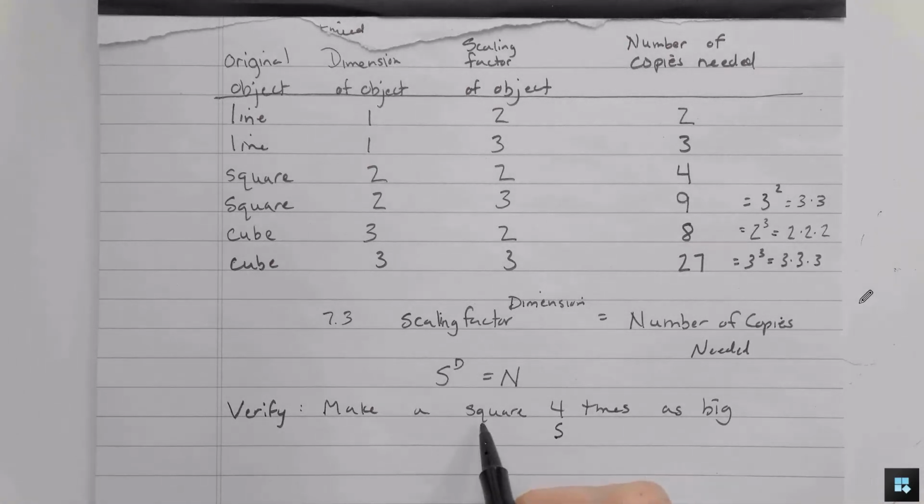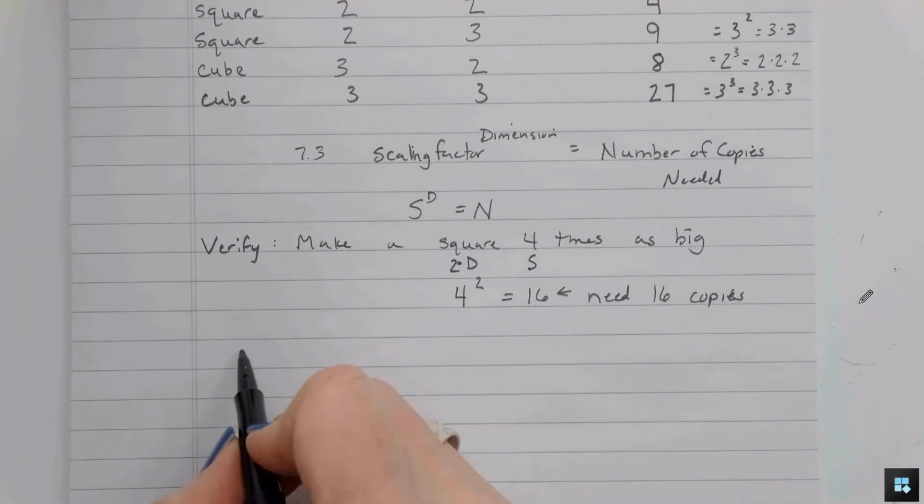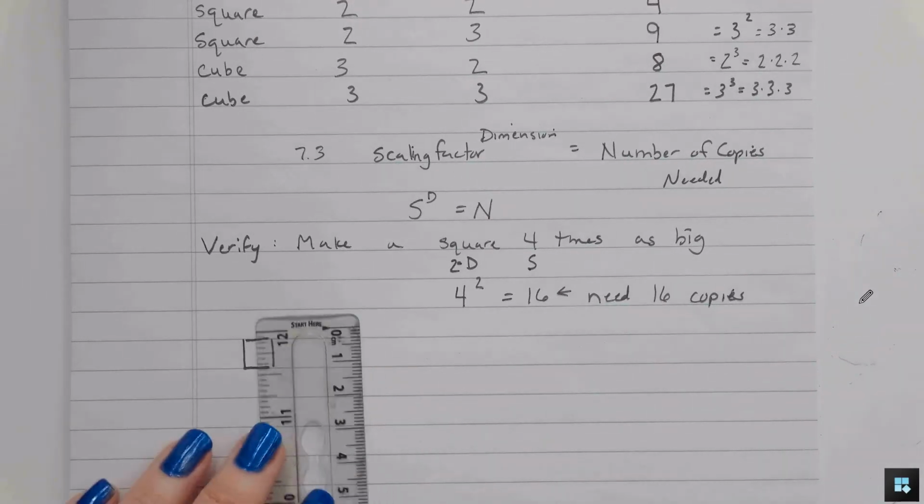The square is 2 dimensions, so that's for the D. And that should give us how many copies we need. 4 squared is 4 times 4, which is 16. So we should need 16 copies. Let's just take a look and see. So here's my square. Make a square 4 times as large.